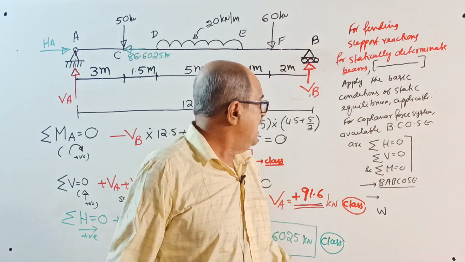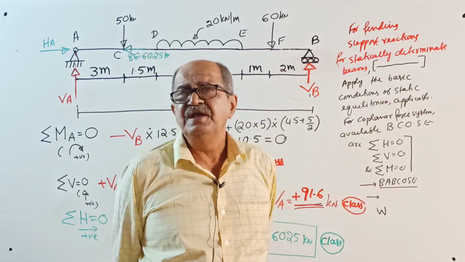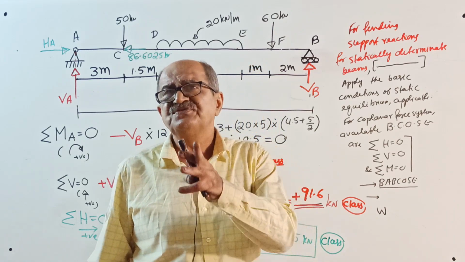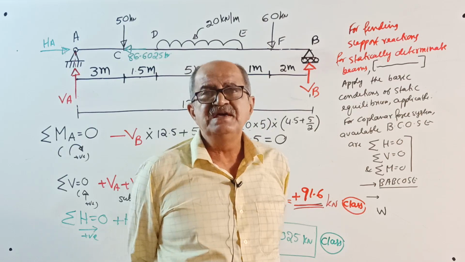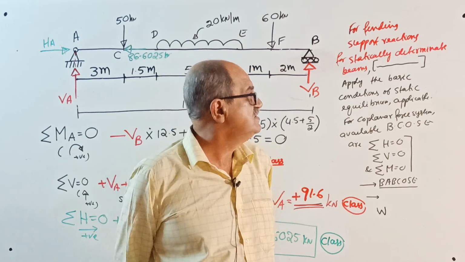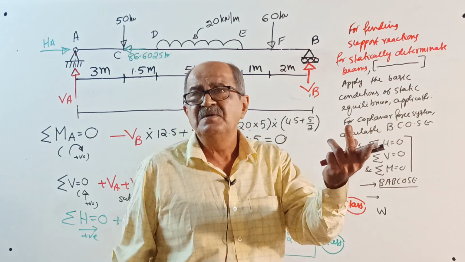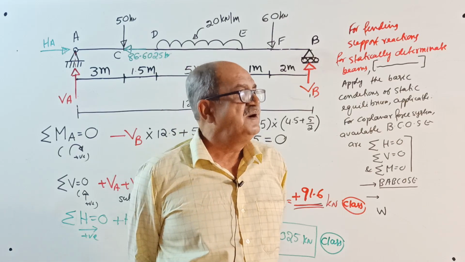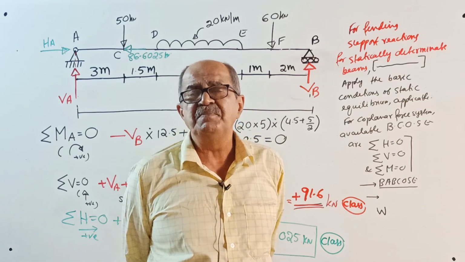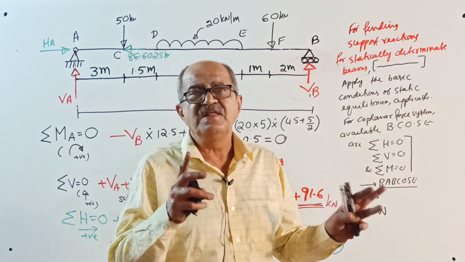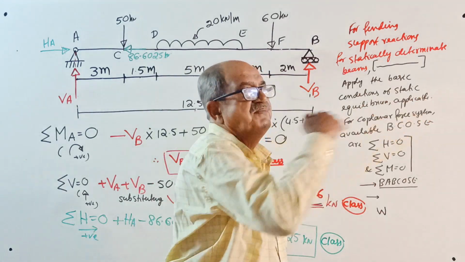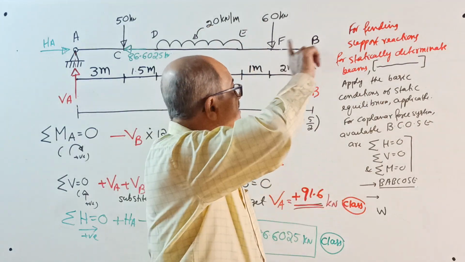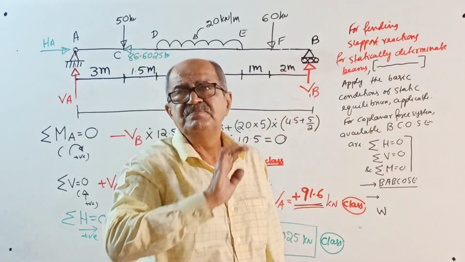Now, whenever you find support reactions using basic conditions of static equilibrium, always use a sign convention. Sign convention is direction based. This all I am writing in the next round because it is very, very powerful. Equilibrium conditions are direction based, like horizontal, sigma H, right side or left side, sigma V, upward or downward, moment, clockwise or anti-clockwise.